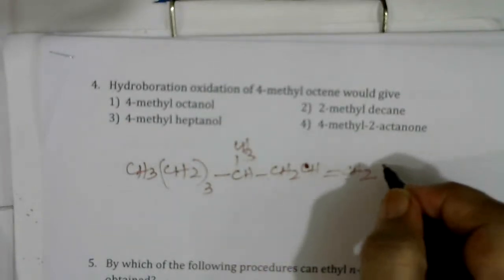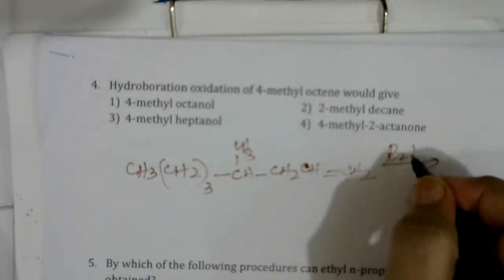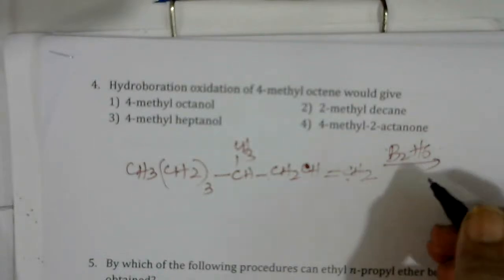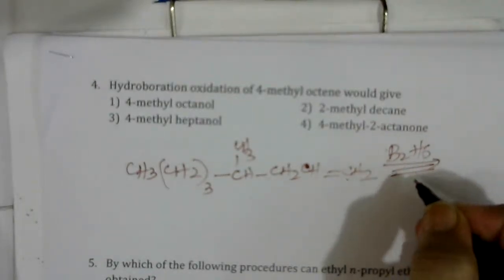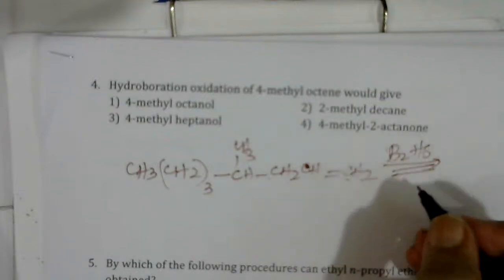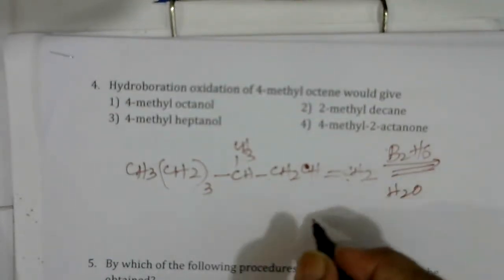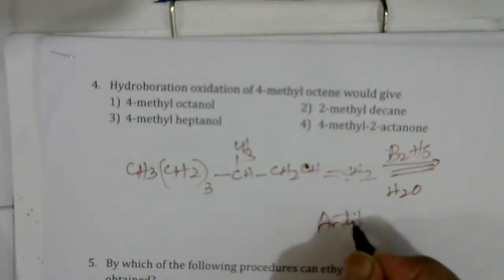When they are treated with diborane, again the same question arises with respect to anti-Markovnikov's rule. So whenever we add, it should be added in such a way that, as I said in the first question, the simple way is to add H2O and follow anti-Markovnikov's rule.